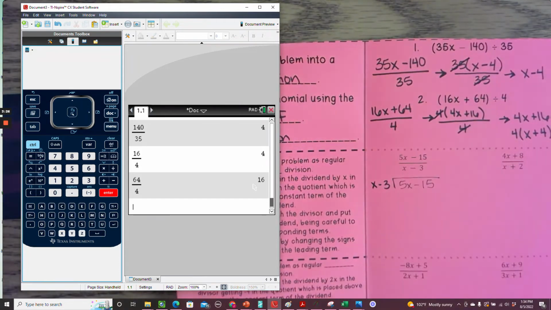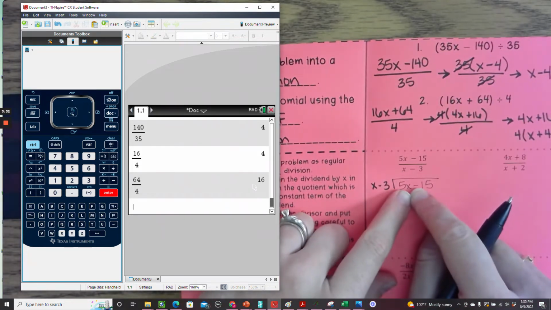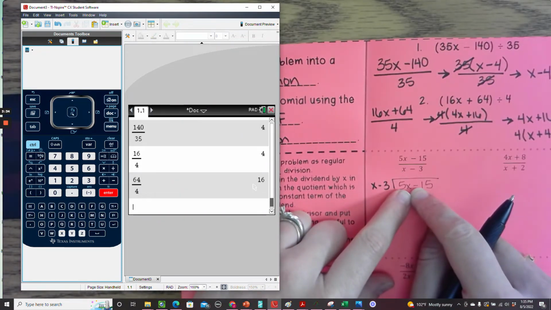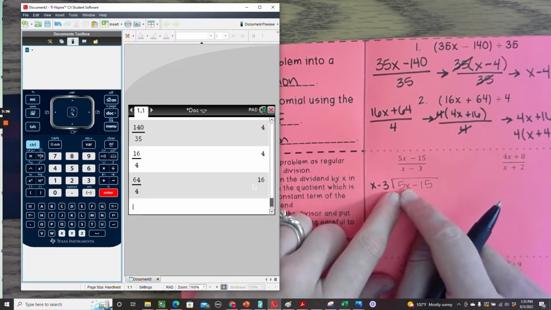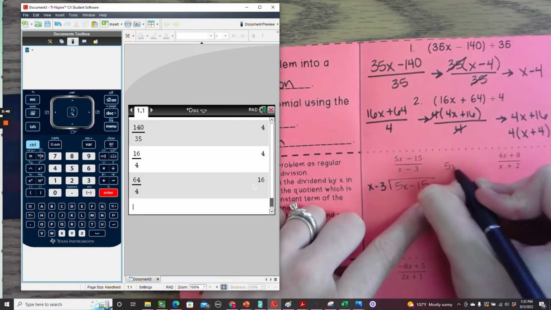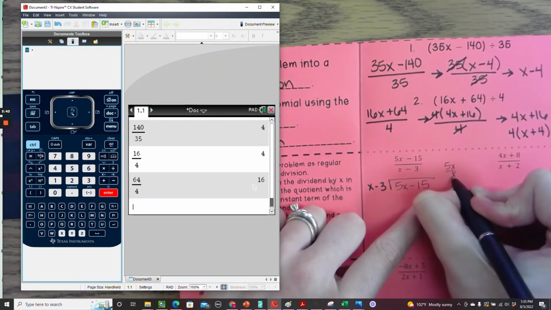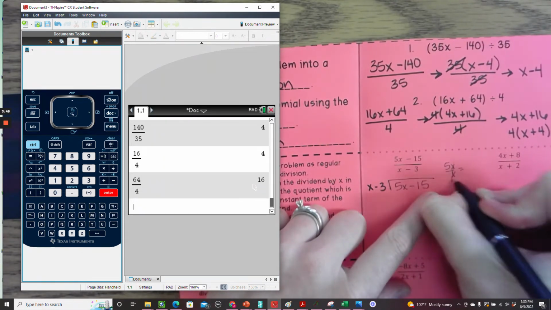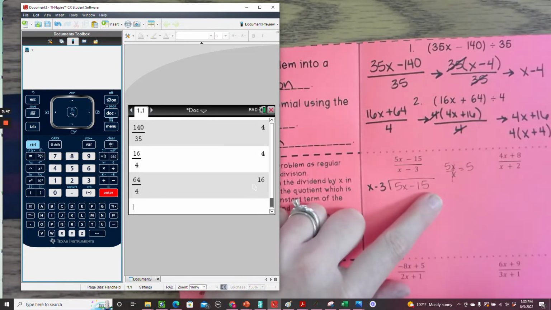What I'm going to do first is divide the leading 5x in the dividend, that's what's in the box here, by x. 5x divided by x, the x's cancel, and I'm left with the 5.